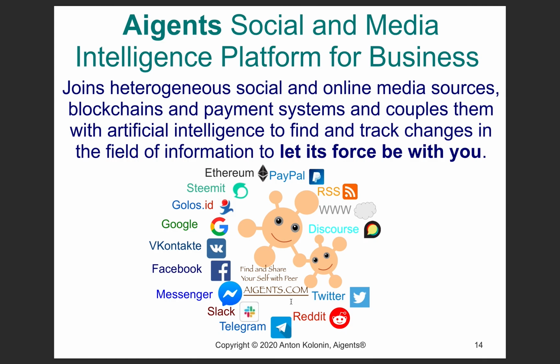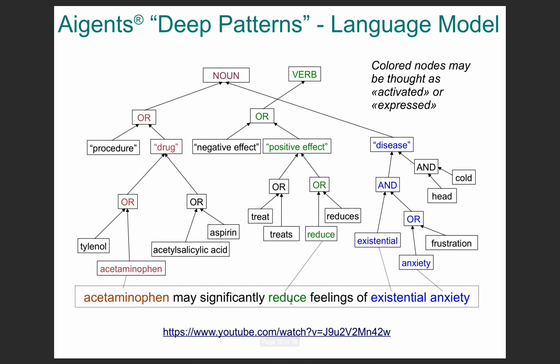With this kind of multimodal perception, we aggregate valuable information from different media sources, like news sites, RSS feeds, any websites, Google searches, social media channels like Telegram and Reddit, social networks like Vkontakte and Facebook, messengers like Telegram and Slack, and we can aggregate all this information in a way usable and practical for the users of our system.